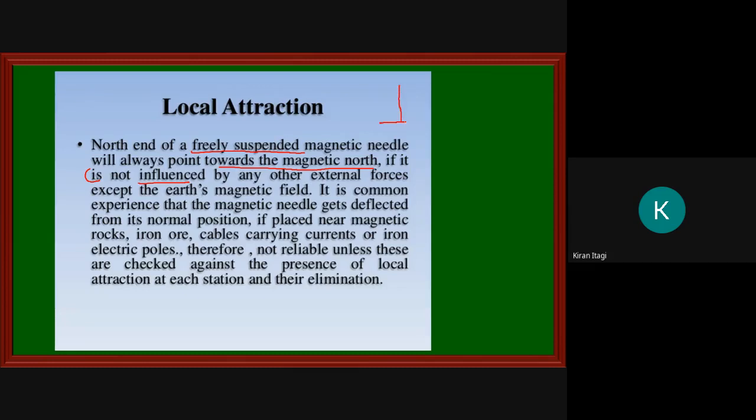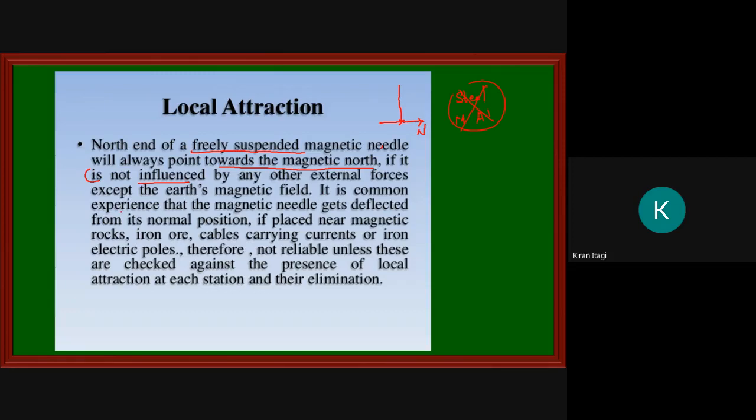I have freely supported the magnetic needle, and it will be pointing towards the north if there are no local attractions, for example steel, magnet, another magnet, or aluminum, whichever it attracts. If these are not there, it will obviously point towards the magnetic north.